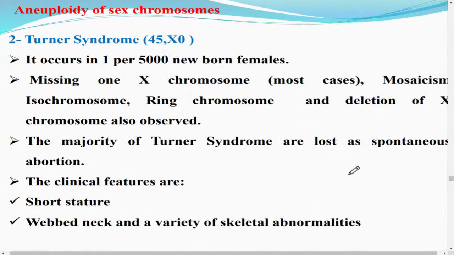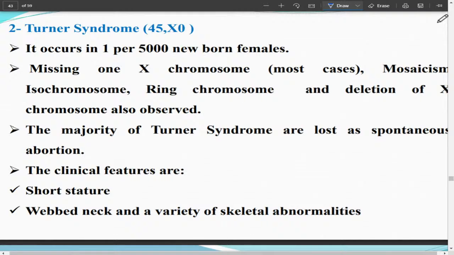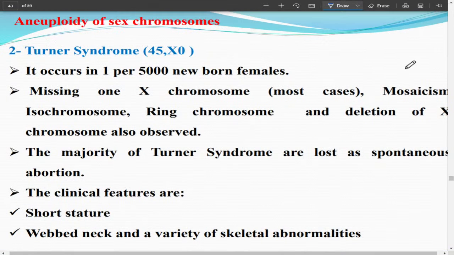Next is Turner syndrome, with how many chromosomes? 45. Aneuploidy of sex chromosomes, 45,X0.